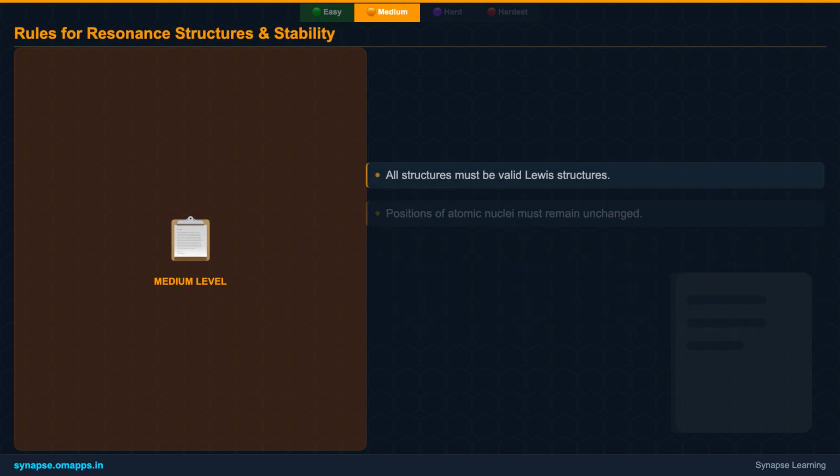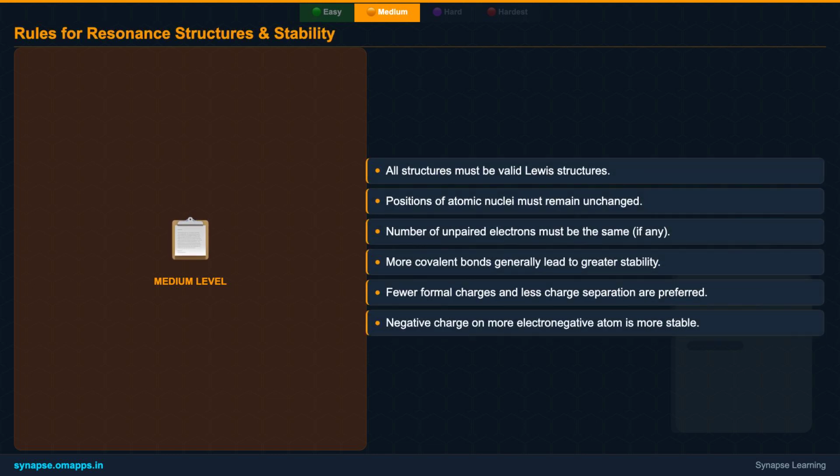When drawing resonance structures, we follow specific rules to ensure they're valid and meaningful. Every structure you draw must be a legitimate Lewis structure. Crucially, the positions of the atomic nuclei must never change, only the electrons shift. If there are any unpaired electrons, their number must remain consistent across all forms.